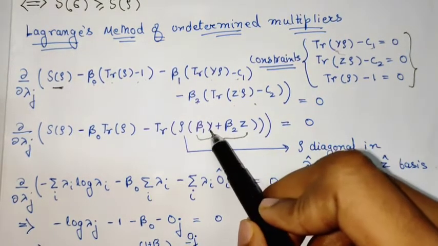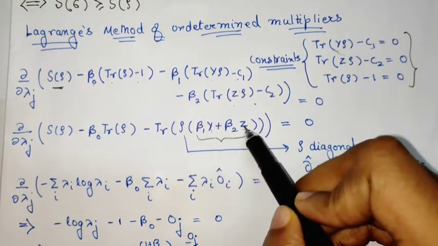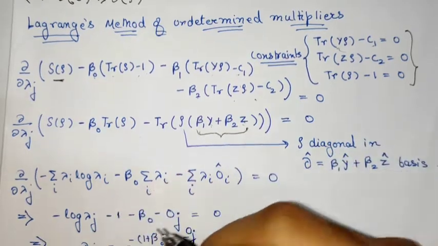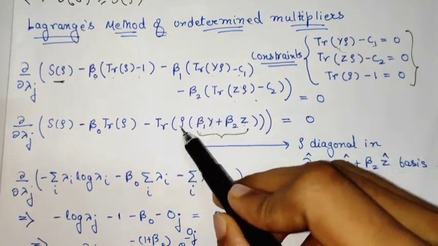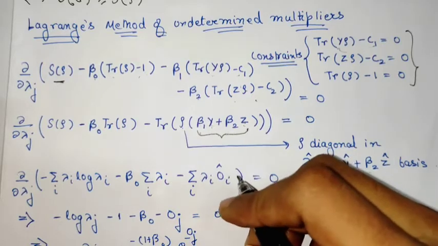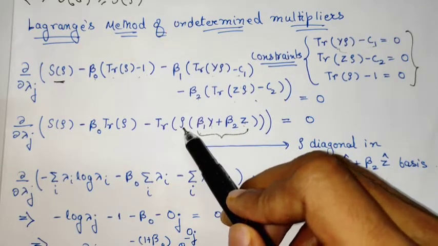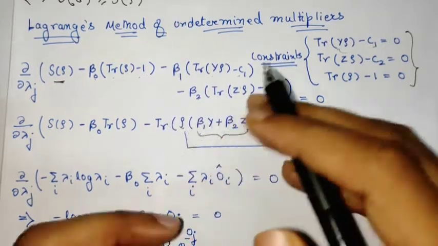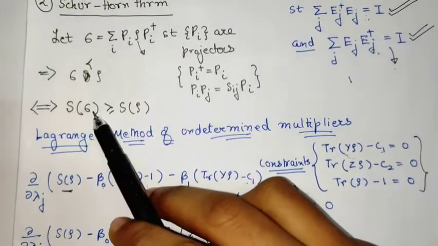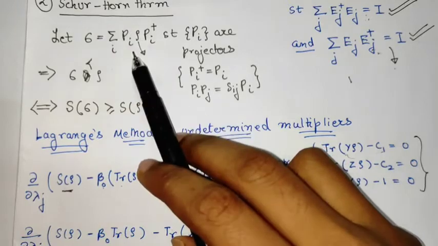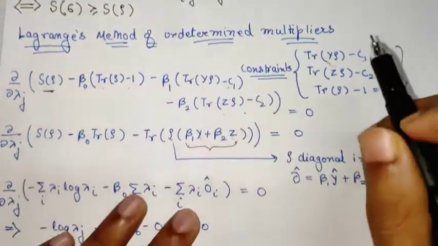This is not only the y operator or the z operator, but a particular combination of y and z, and in this basis rho must be diagonalizable, because whenever rho is not diagonal in the basis, I can still maximize the entropy by removing the off-diagonal terms, because S always increases on performing such a projection.